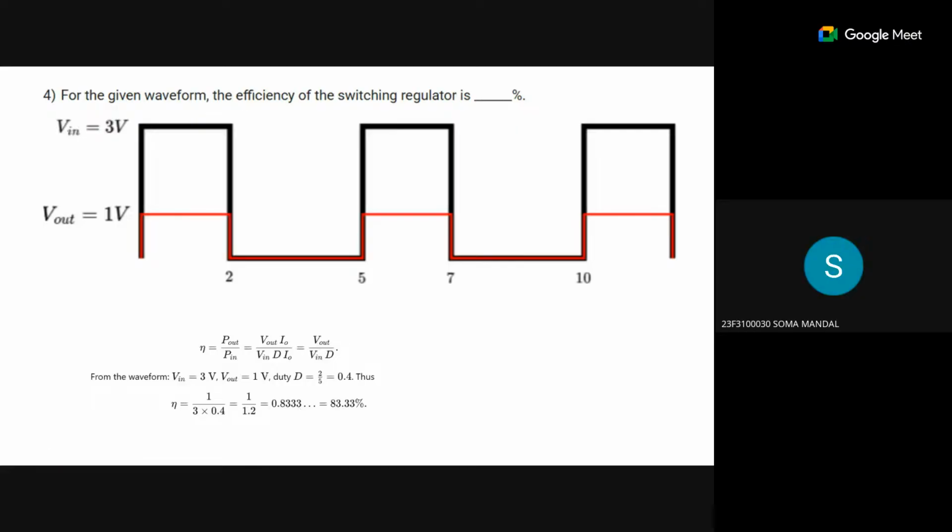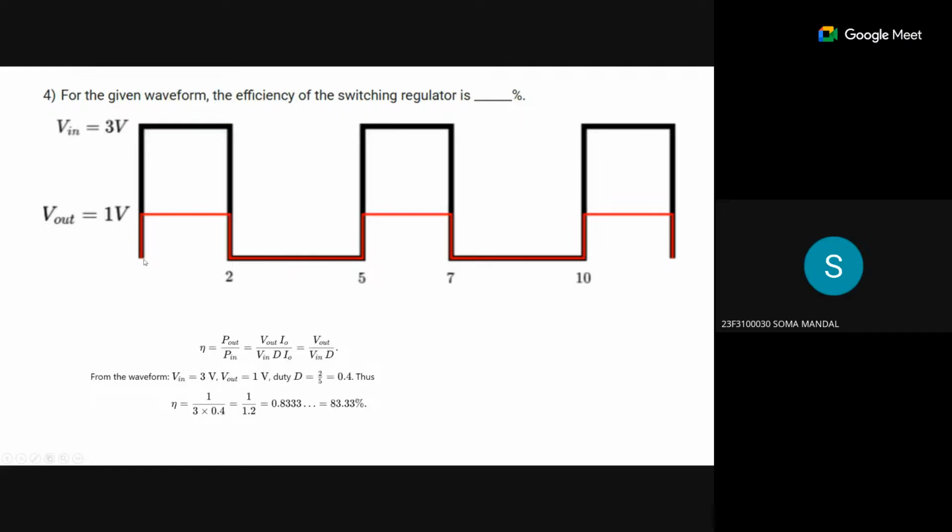I am telling that is the on portion. Duty cycle is 2 by 5: on over total cycle. That is from 0 to 5.